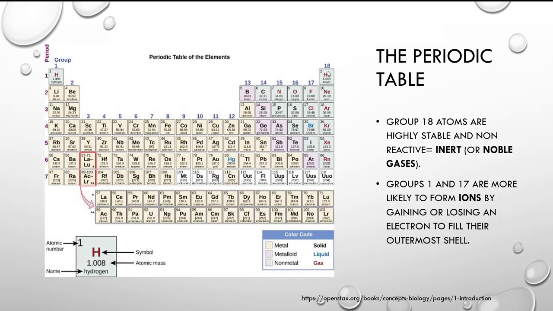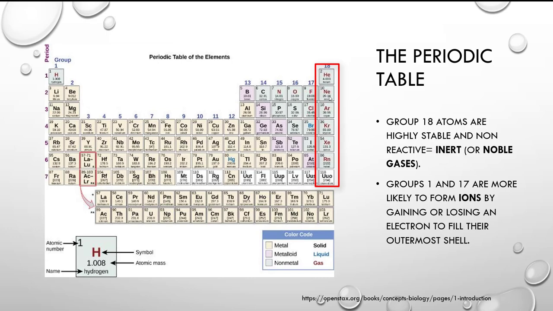When we're talking about this column here, it's called a group. Group 18 is the highly stable group because they have filled their valence shells, so they are considered inert or non-reactive. They're also known as the noble gases.